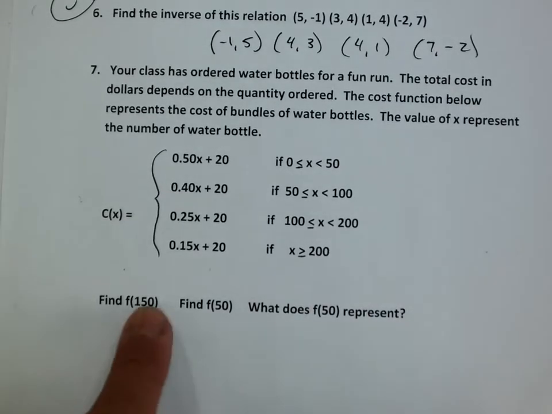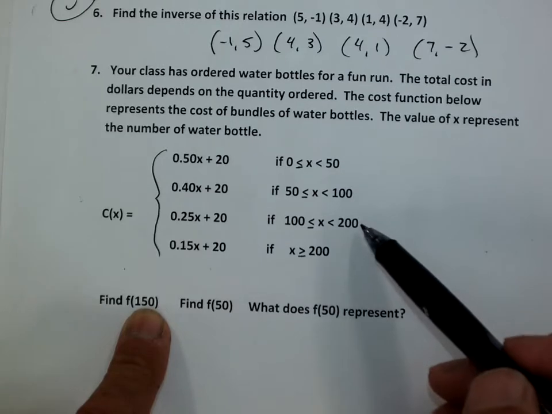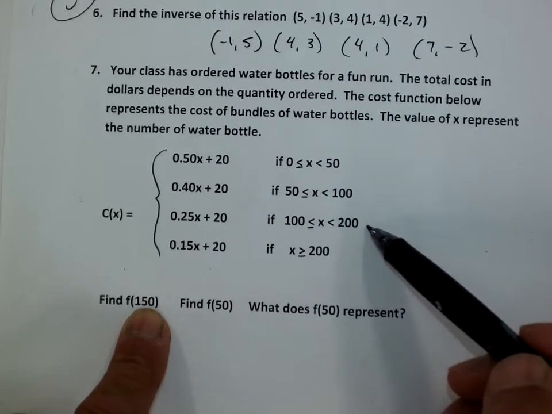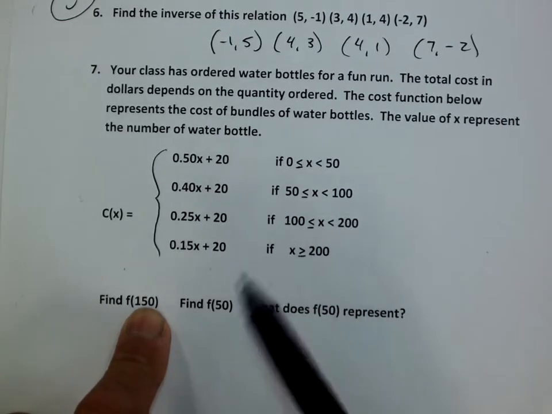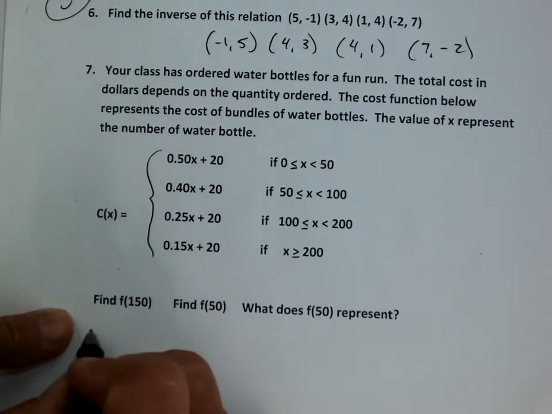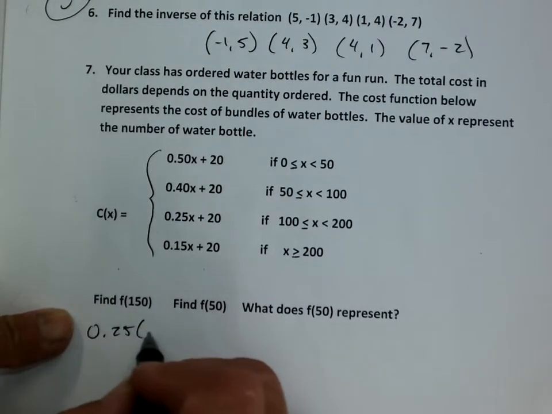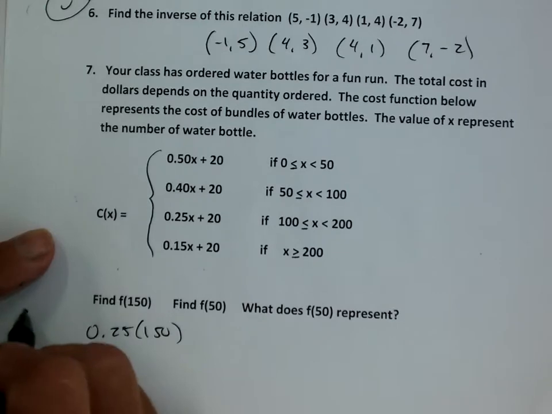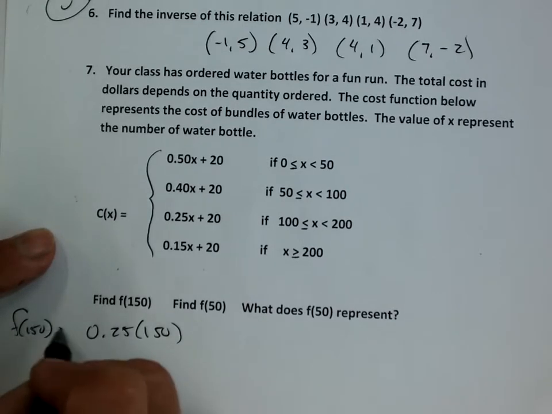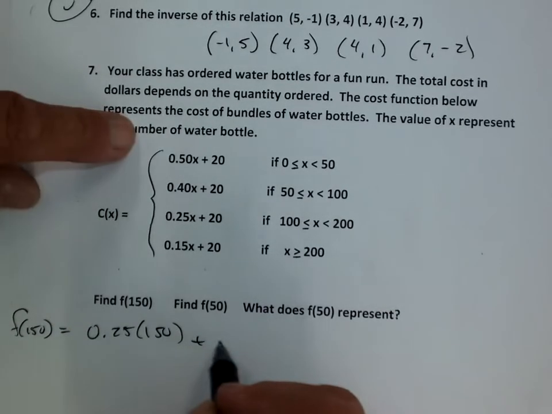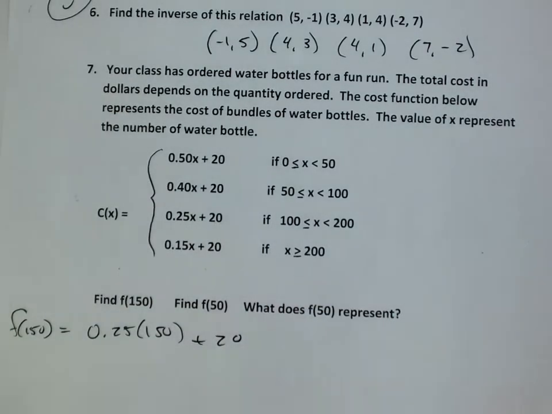So, f of 150. Well, f of 150 has to be plugged into equation 3 because 150 is here. So f of 150 equals 0.25 times 150 plus 20. Probably the shipping cost, right? You've got to pay for shipping.